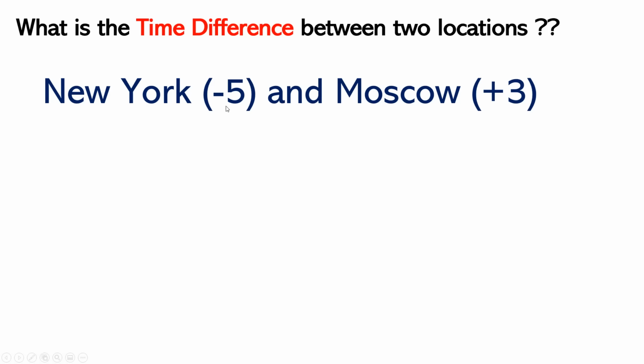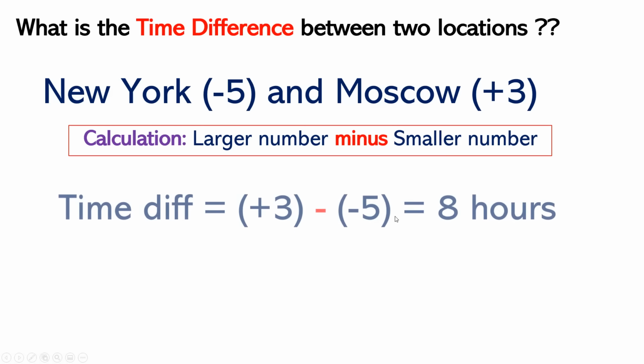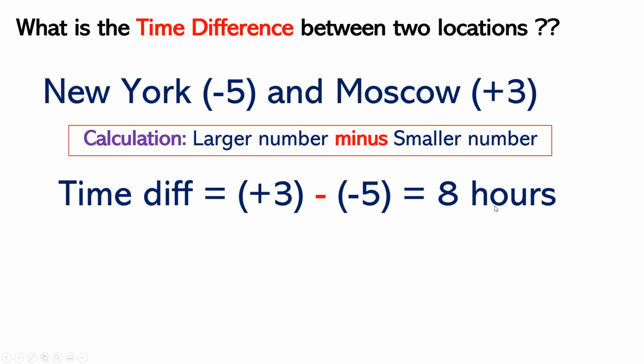Last example, New York -5 and Moscow is +3. So one of them's to the left and one's to the right of the Greenwich Meridian. What's the time difference? Well, when you've got two times on opposite sides of the Greenwich Meridian, we could do the larger number minus the smaller number and get an 8-hour time difference.